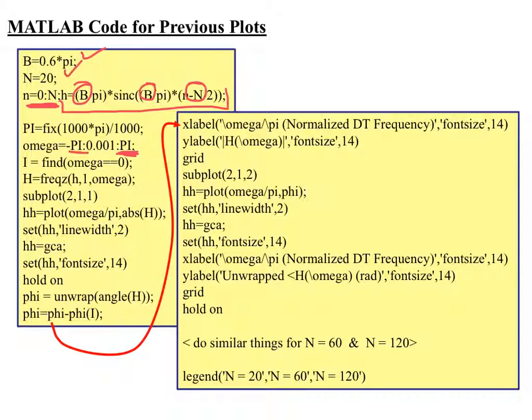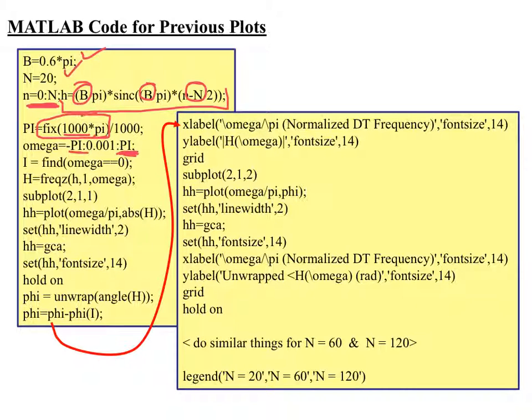and use that. But there's a reason that I do this little trick, and we'll get to it in a little bit. What I do is I take pi, the real pi, or at least MATLAB's finite precision version of it, with some number of decimal places. I multiply it by 1,000, and then I fix the value.